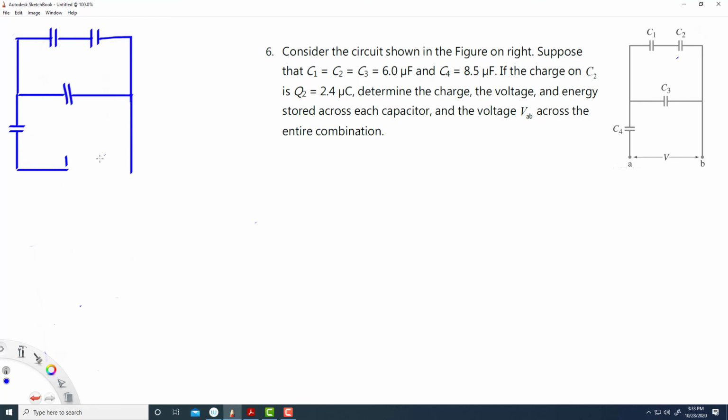So the difference between the capacitor and battery is that a battery has one long line and one short line, but for a capacitor we have lines of the same length.